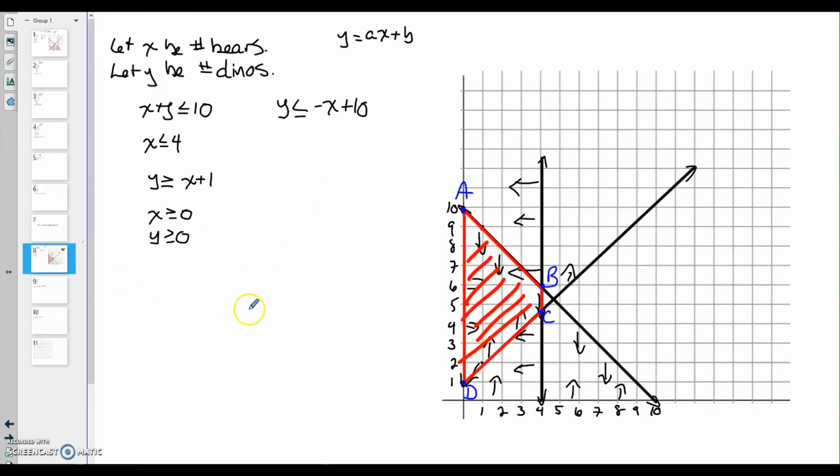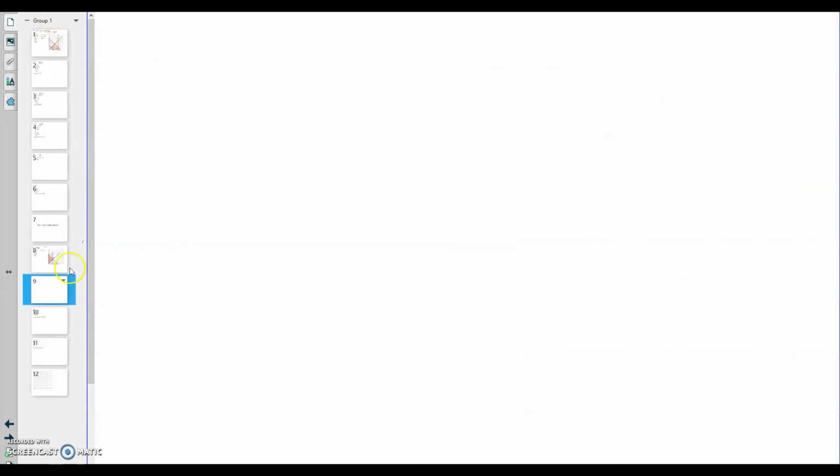Back to our diagram. Let's look at point C. Vertex C is the intersection of that same line x less than or equal to 4, and the third equation, y greater than or equal to x plus 1. Let's solve that. Again, we convert the two inequalities into equations, and we can use substitution.